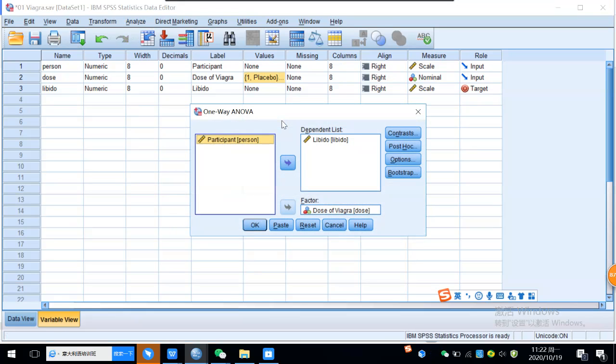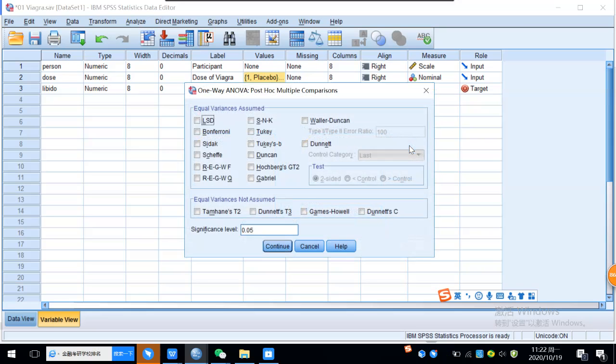So which method you will use, it depends, right? So here is the post hoc. According to the suggestion, Tukey, right? And besides Tukey, next, we also want to select the REGWQ.